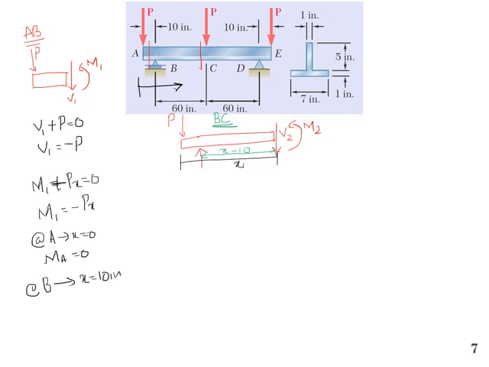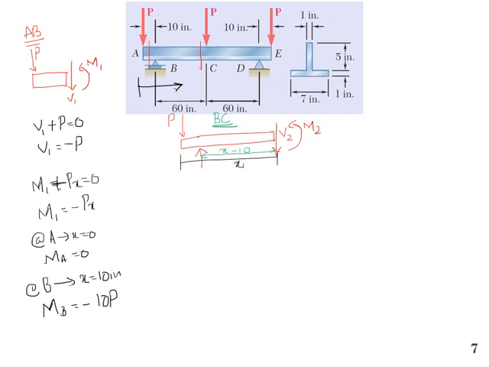So if I put in 10 inches, MB will be equal to minus 10 times P. So it will be 0 at A, and it will be 10P in magnitude at B. These are the moment and shear force on segment AB.